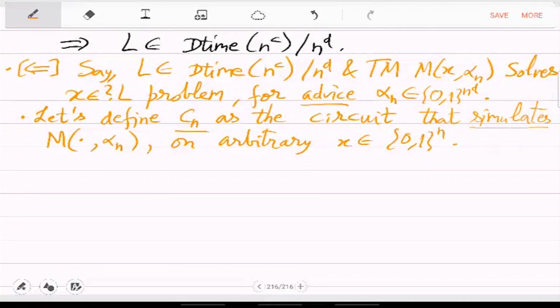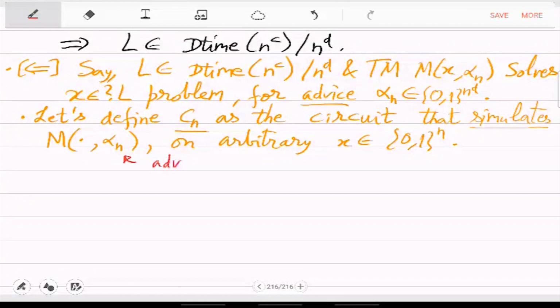Given any input of that length, there is a fixed advice string alpha n that the Turing machine takes and does its computation. This can be written as a circuit, and let us call that circuit C_n.